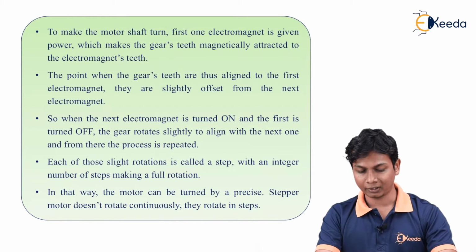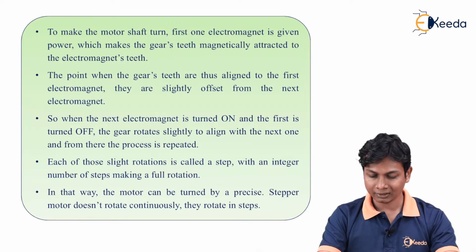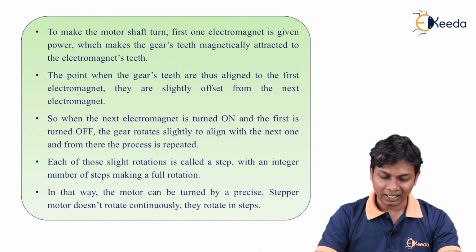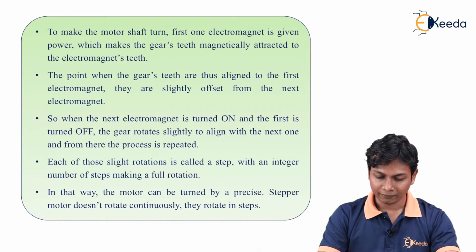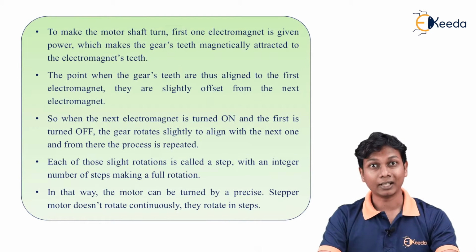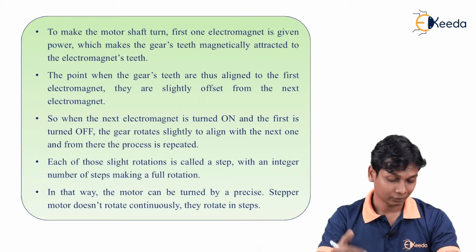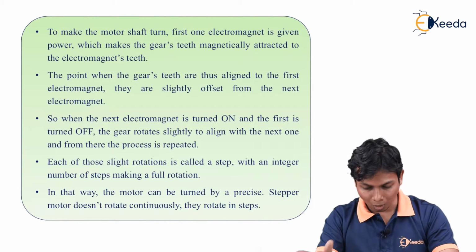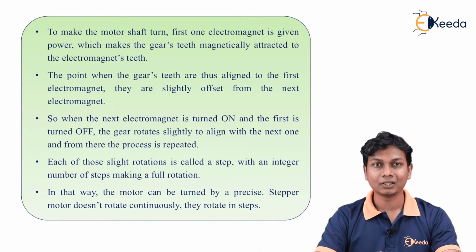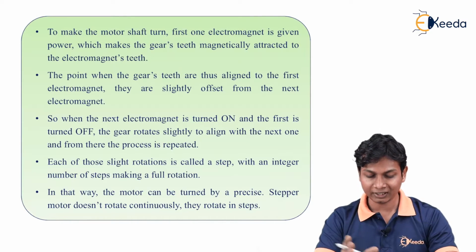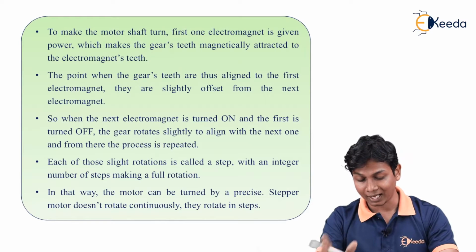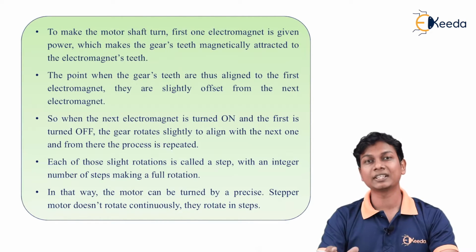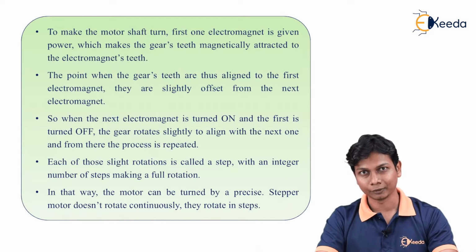The point where the gear teeth are aligned with the first electromagnet, they are slightly offset from the next electromagnet. Now when the next electromagnet is turned on and the first is turned off, the gear rotates slightly to align with the next one, and from there the process is repeated.